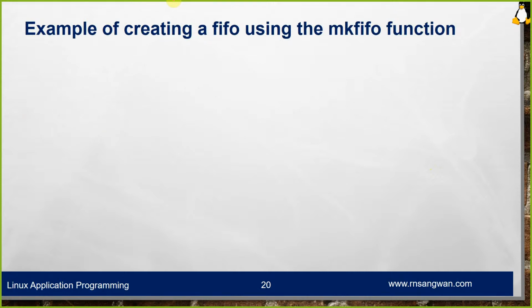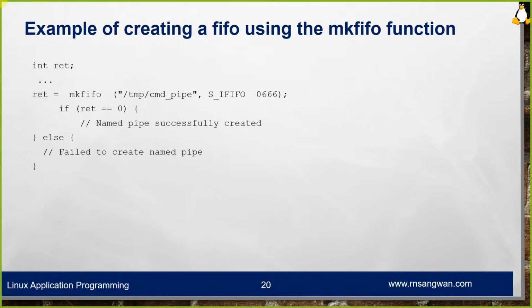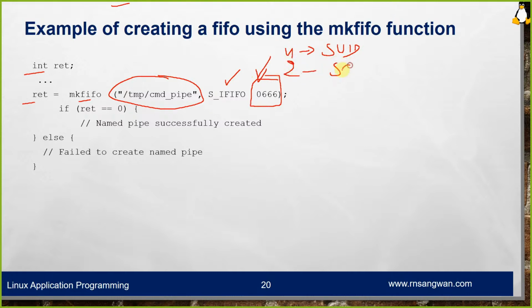Now an example of creating a FIFO using the mkfifo function. So an integer return value from mkfifo, with a temporary file name which is created as a pipe, and these are the permissions 0666. The first digit is a special digit: 4 is for set user ID, SUID, 2 is for set group ID, SGID, and 1 is for the sticky bit.